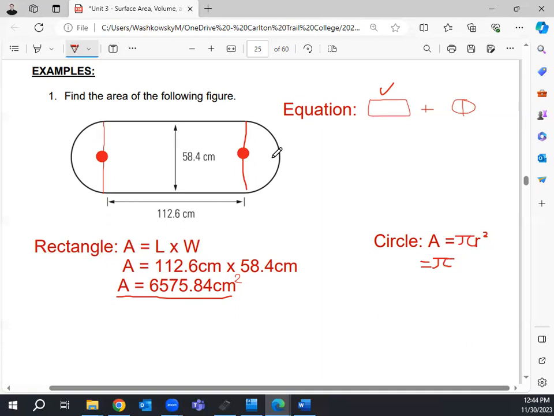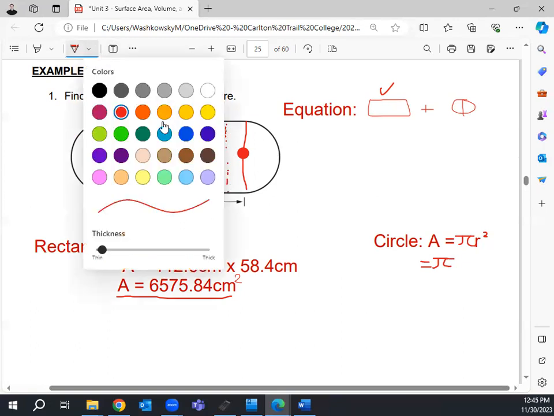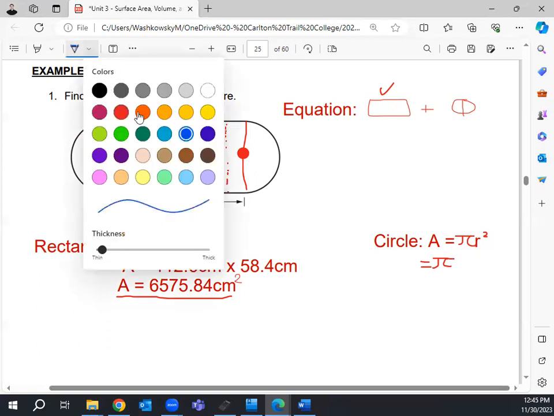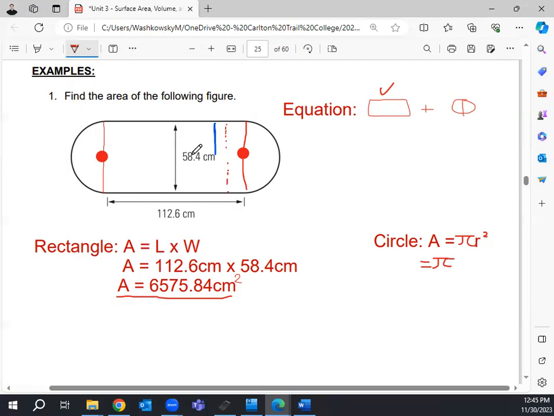So I have to use the 2 numbers I'm given. With the circle here, let's imagine this part in the middle doesn't really exist. So you're thinking this 58.4? That's the length of this whole thing. The radius is the length of half of that. So can't I just take half of this 58.4?